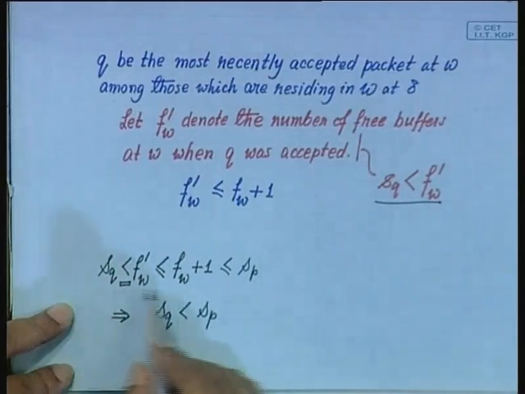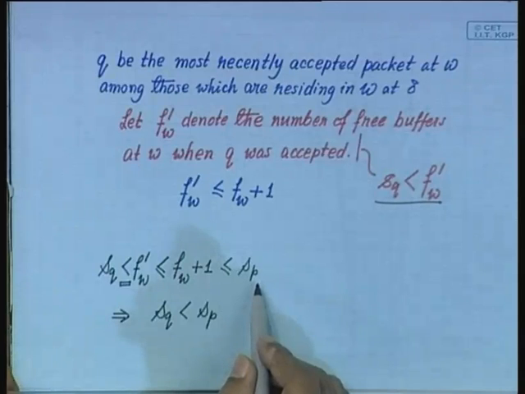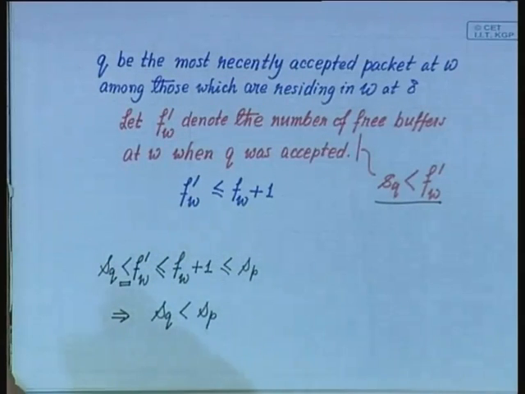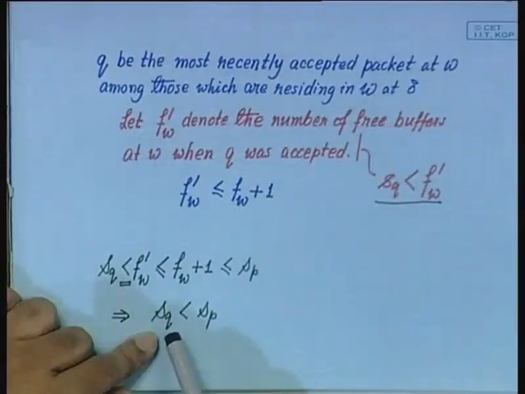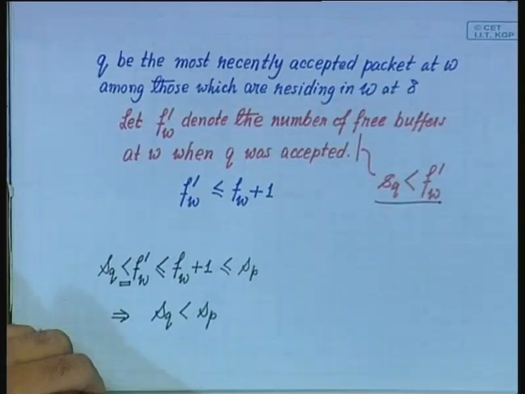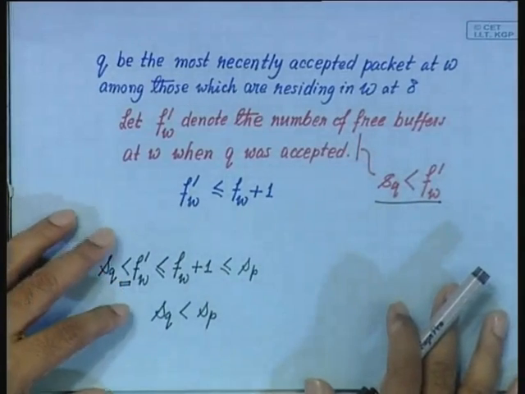So SQ is less than SP, but that is a contradiction, because we chose P to be the packet having the minimum SP, right. Then how do we have another packet Q which has SQ less than SP? That is not possible. So it is a contradiction. Therefore the deadlock is not possible.